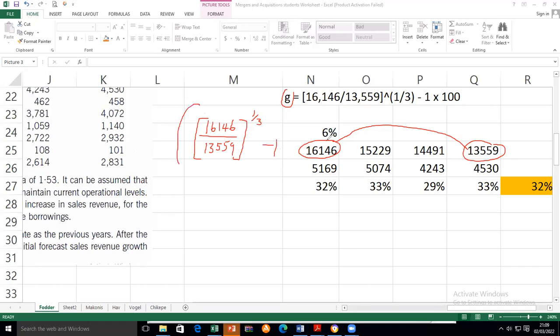Then you multiply by 100. That is how we calculate the average annual growth rate. If the growth had been over 4 years, it would be to the power 1/4, over 5 years, 1/5. I'm sure if you do that correctly, you are finding that the growth is 6% per year.